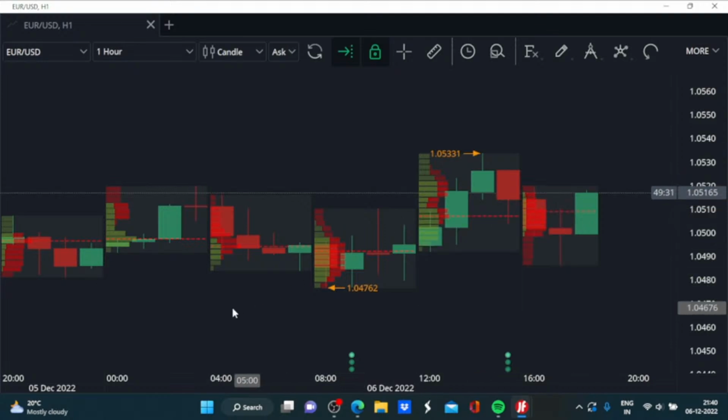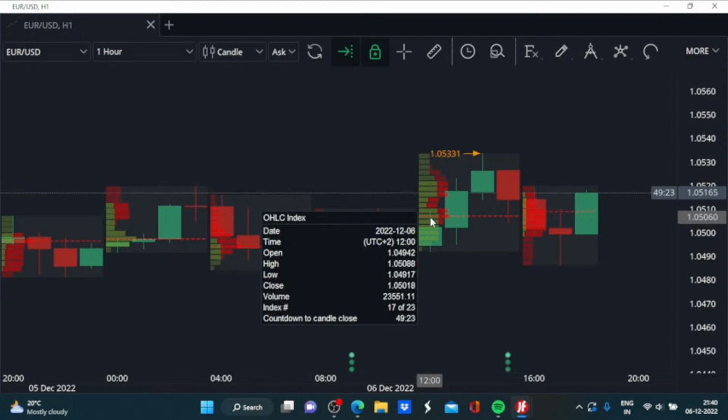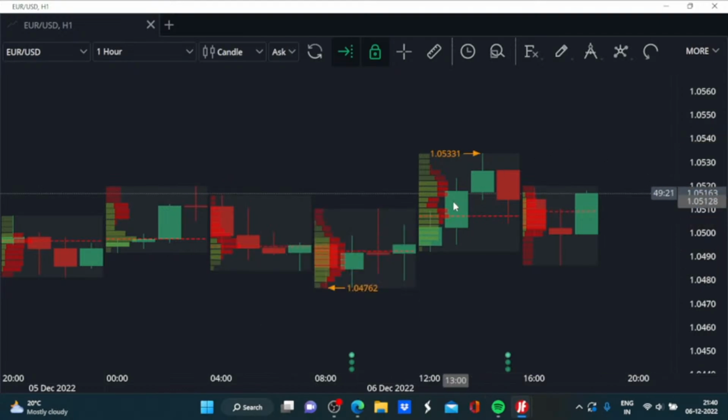But this indicator is a bit different in that context. It takes into consideration the price instead of each candle, and then it plots the volume in context of that price move.